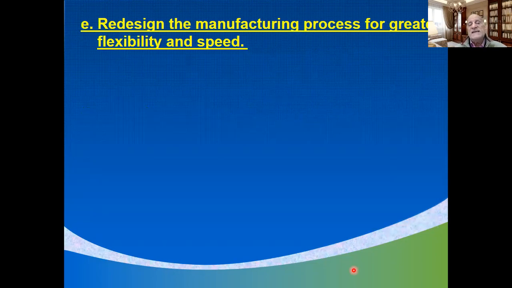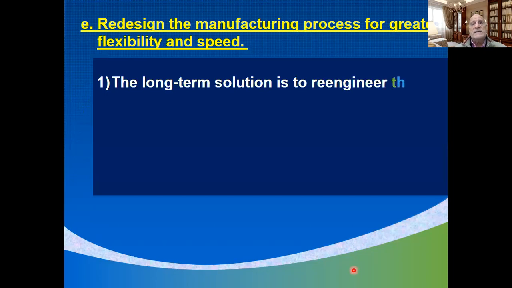And the final step is to redesign the manufacturing process for greater flexibility and speed. That was the short and medium solutions, but as for the long-term solution, it is to re-engineer the entire process.